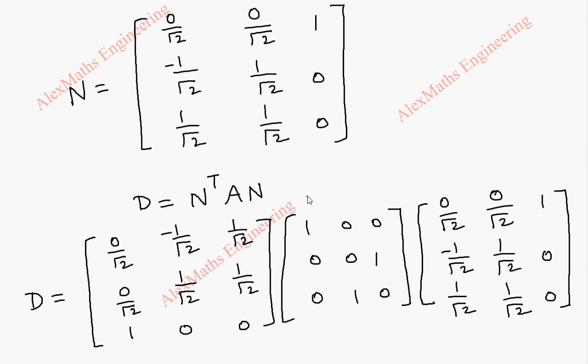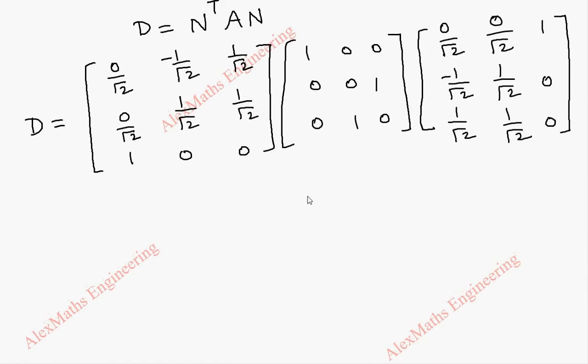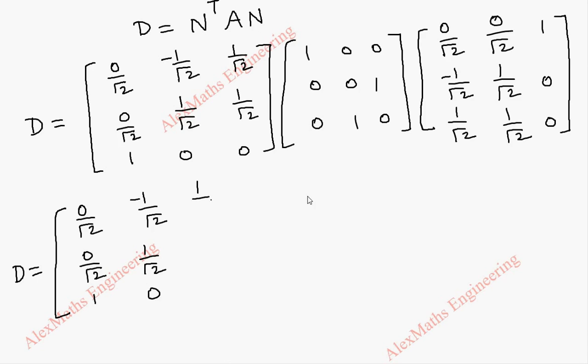Then we are going to perform the multiplication. As a first part, we are going to multiply the last two matrices. We take the first matrix as it is, that is 0 by root 2, 0 by root 2, 1, then minus 1 by root 2, 1 by root 2, 0, 1 by root 2, 1 by root 2, 0, into this one.